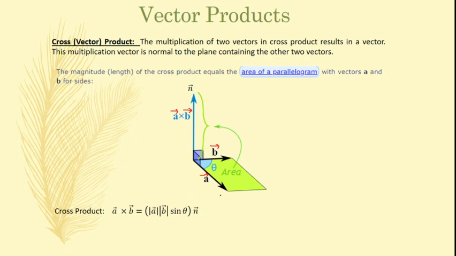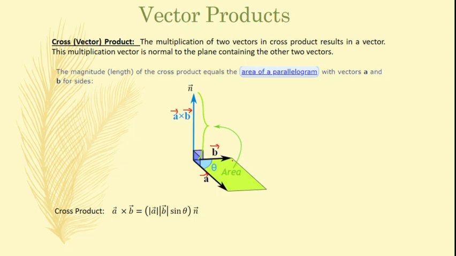Now if these two vectors are the two adjoining sides of a parallelogram, then the area of this parallelogram becomes mod of A multiplied with mod of B into sine theta.